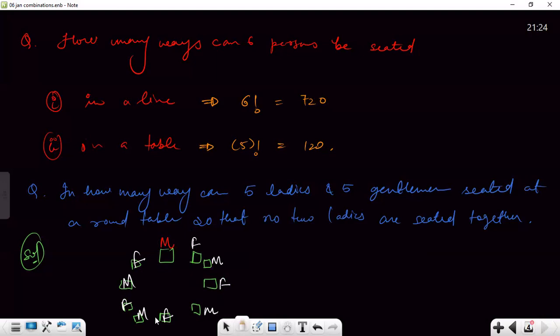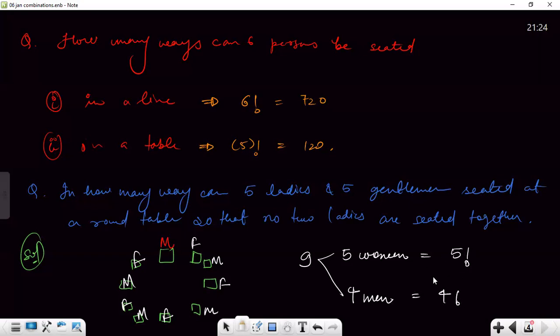So how many seats are left now to be filled? Nine seats are to be filled, out of which five are to be filled by women and four are to be filled by men. Five seats, five women: how many arrangements? Five factorial. Four men, four seats, four factorial.